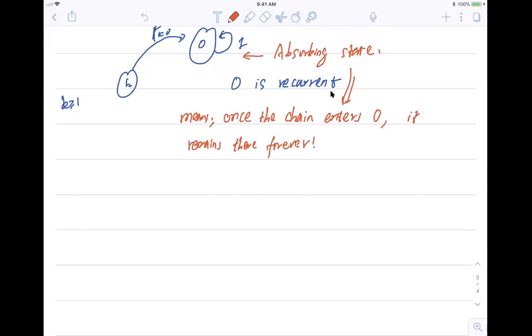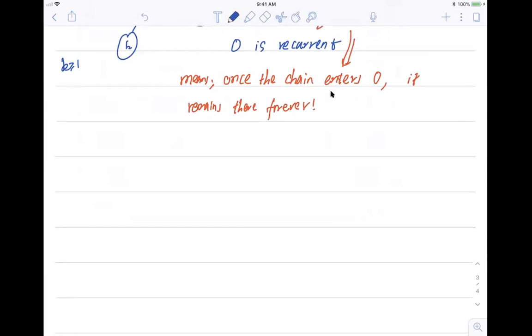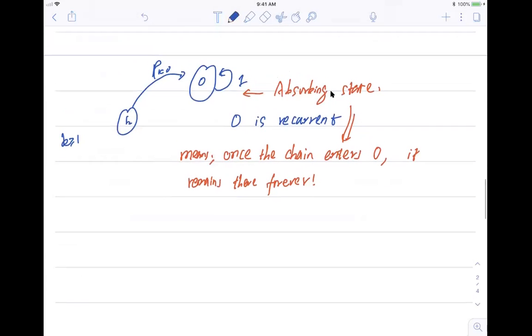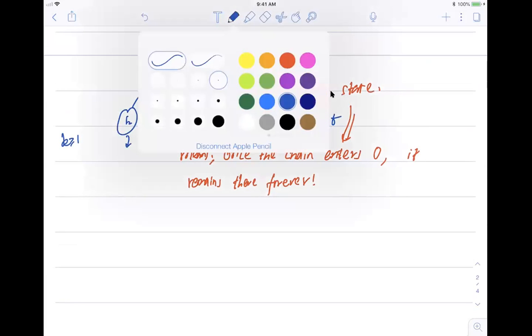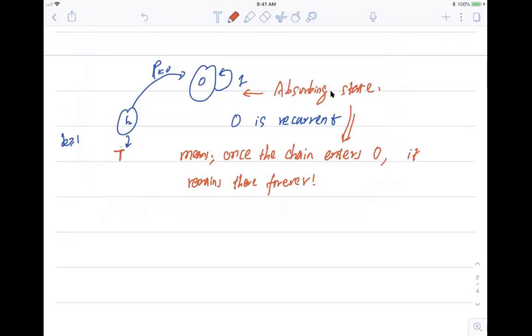So 0 is recurrent, and not only recurrent, it is absorbing. And the states k are transient. Right, this is transient.